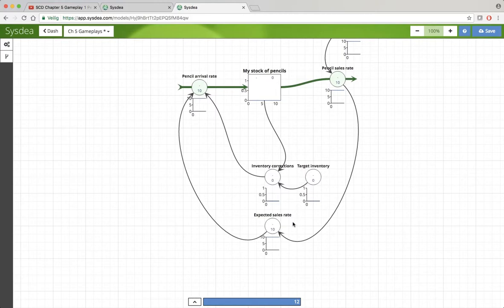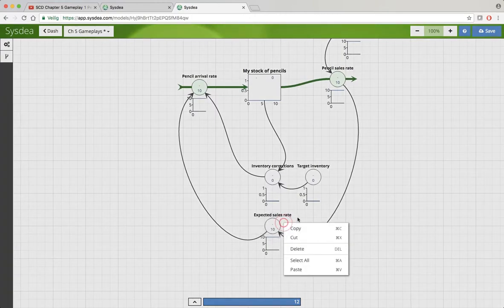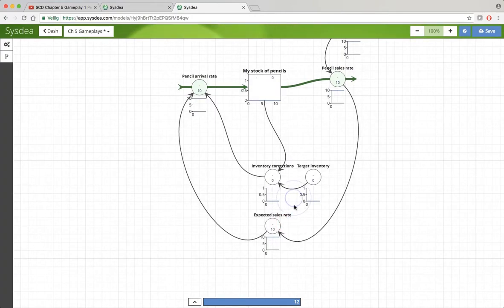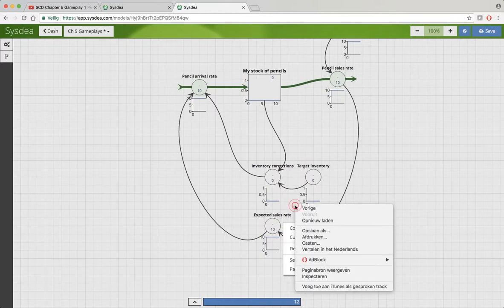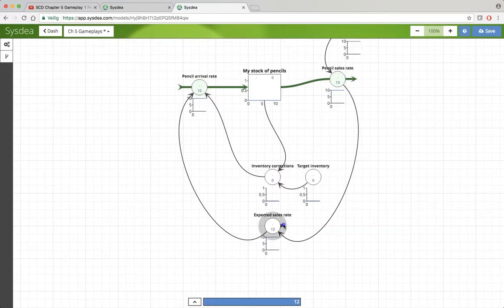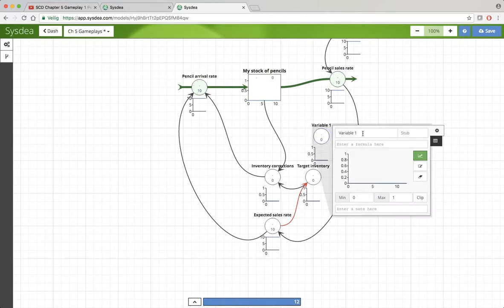Often target inventory is formulated in terms of what you expect to be selling, times some kind of a target safety stock. Safety stock of say 2 time periods.